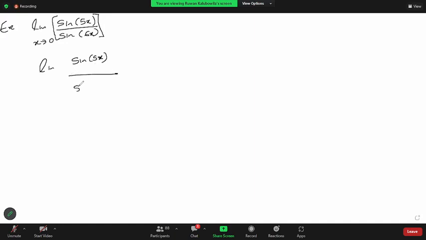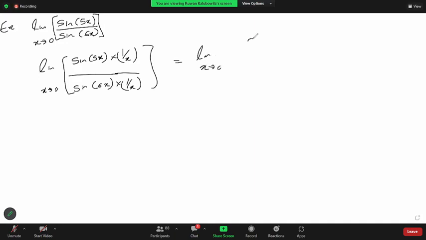So here, first I will set sine x over x. For that I will multiply both numerator and denominator by 1 over x. That's the first step. Then we have terms like sine 5x over x and sine 6x over x.